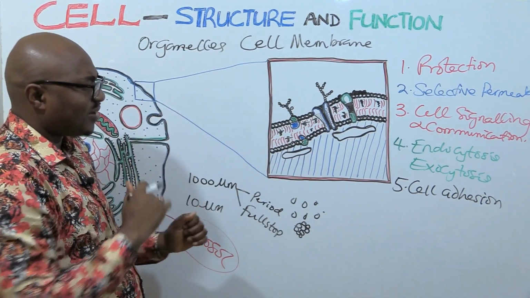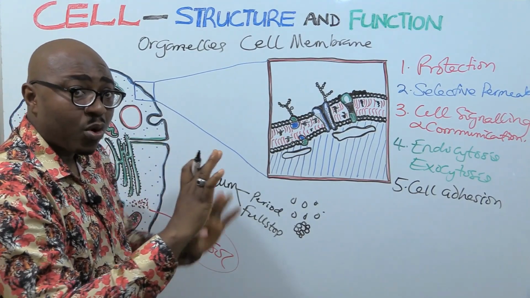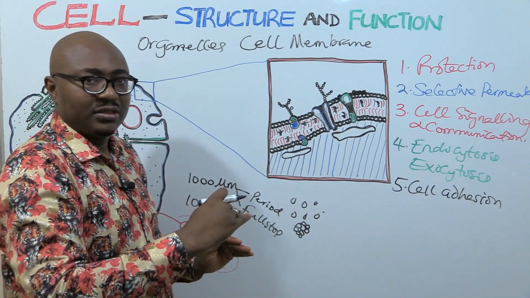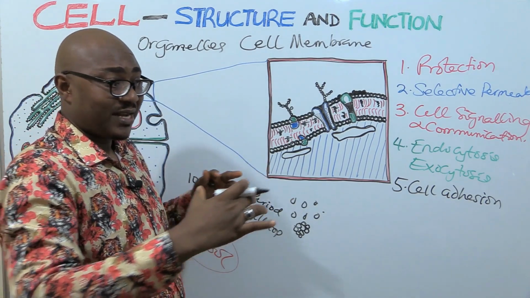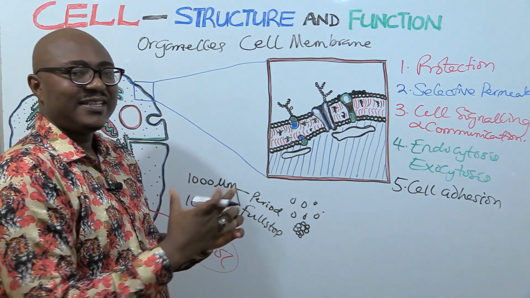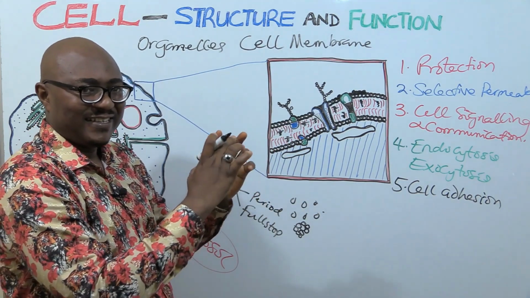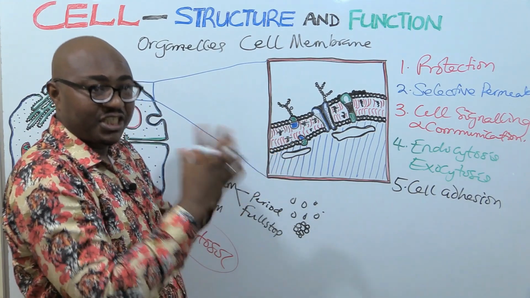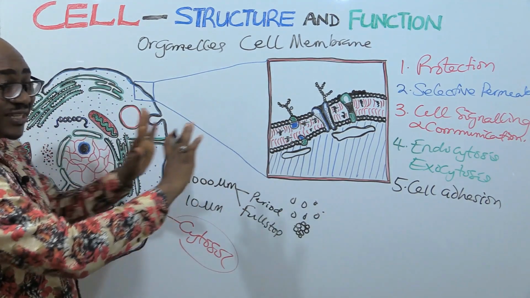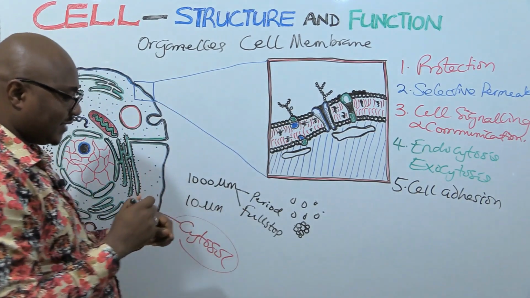We'll talk about that later, because there are what we call cell adhesion molecules located in the cell membrane that help it join with other cells to form a solid structure, in the sense of tissues and organs. So you can see the different functions, very important, of the cell membrane.